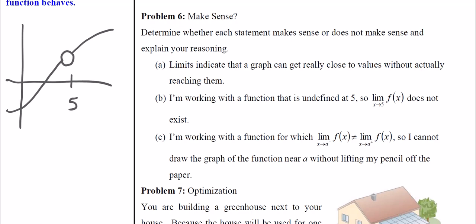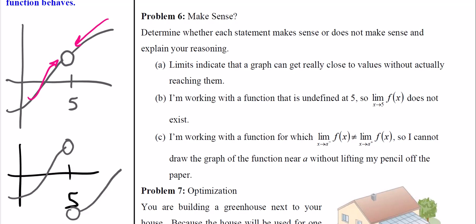It's undefined at 5, which means there's a hole, and I can't find it anywhere else at 5. And if we're getting closer and closer to that from the left, it's approaching 5. From the right, it's approaching 5. So this is undefined, and the limit does exist. Okay, so that's one example where what we're saying here is not true, because it does exist.